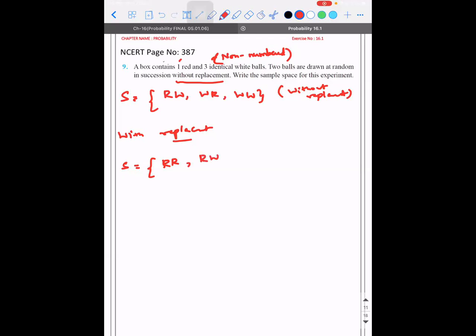Or you can get red and a white, or white and red, or white and white. Are you able to understand the difference between both? This R and R is extra when it is done with replacement. Clear?